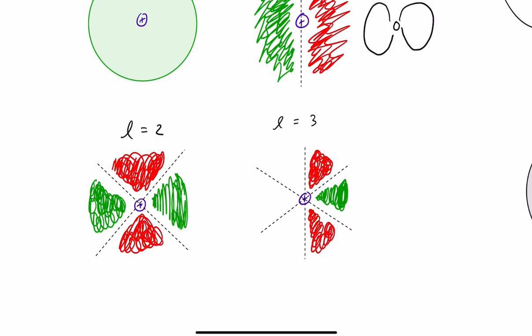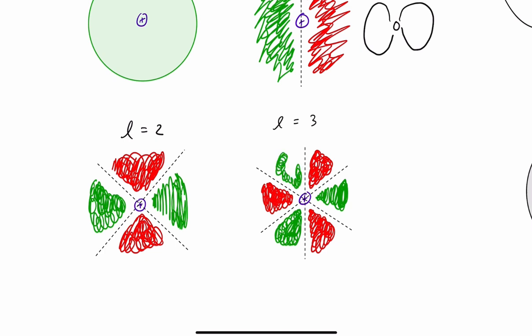And notice there's no electrons along the node here. You can think no is node. So just filling these in every time we cross the node, like I said, we switch the sign. This red is negative and the green is positive.